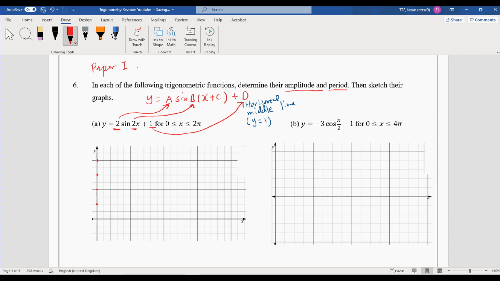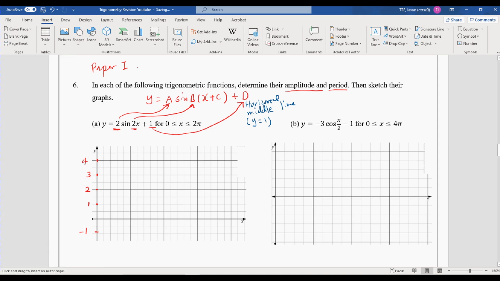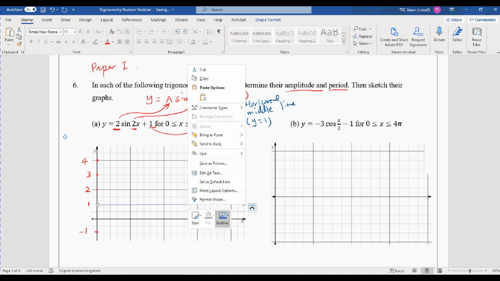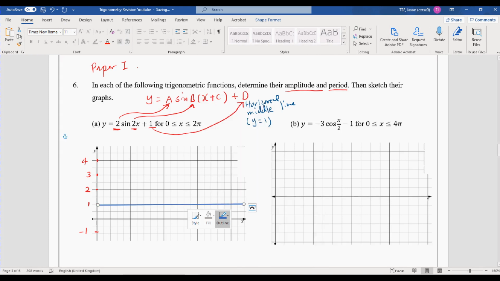So if I say this is 1, 2, 3, 4, and that would be a -1, and then I'm going to draw a line over here, which is what we call the middle axis, just to make it easier to see.